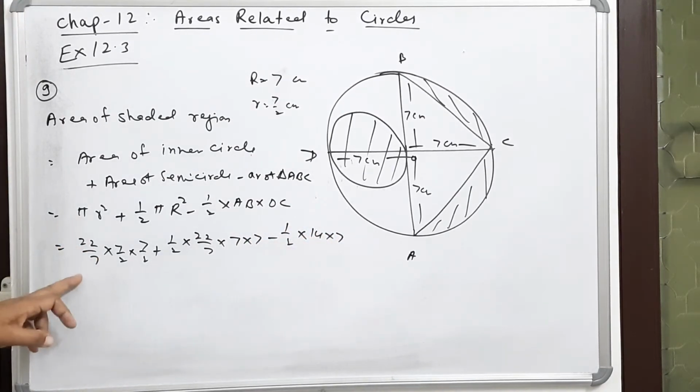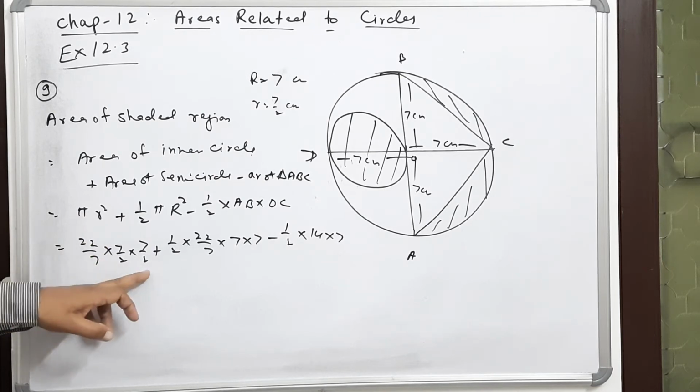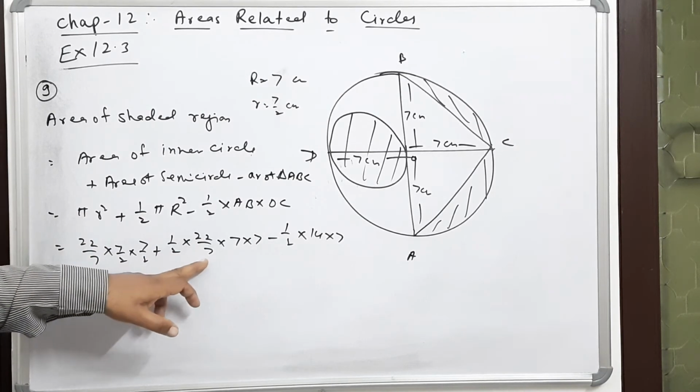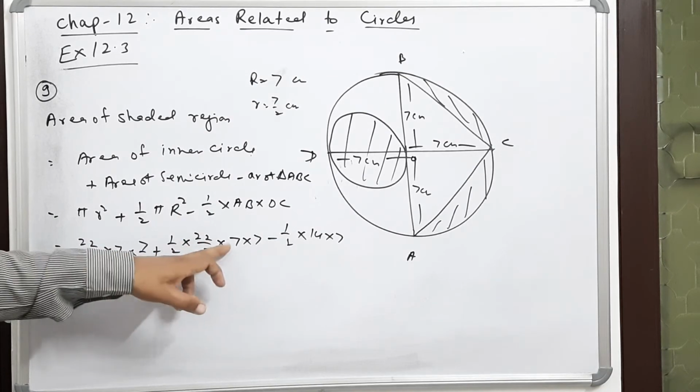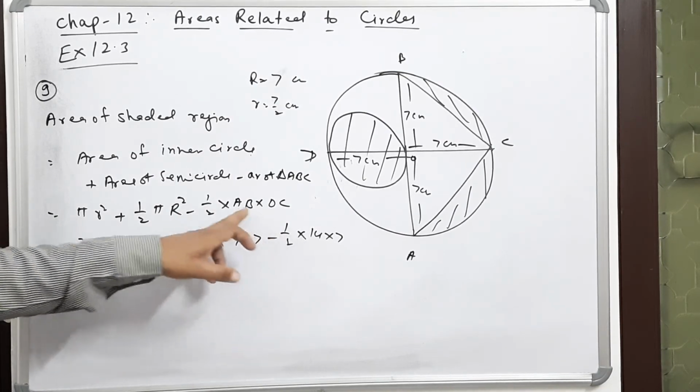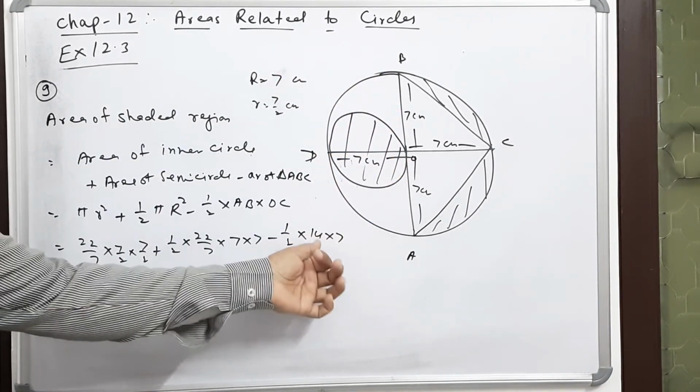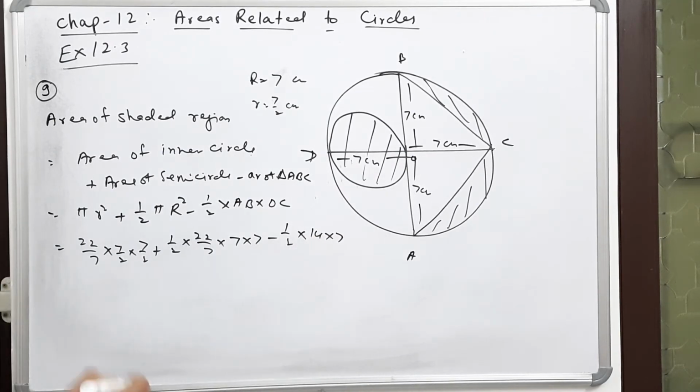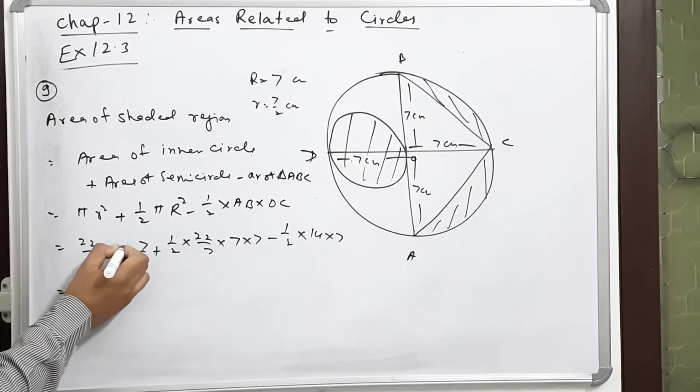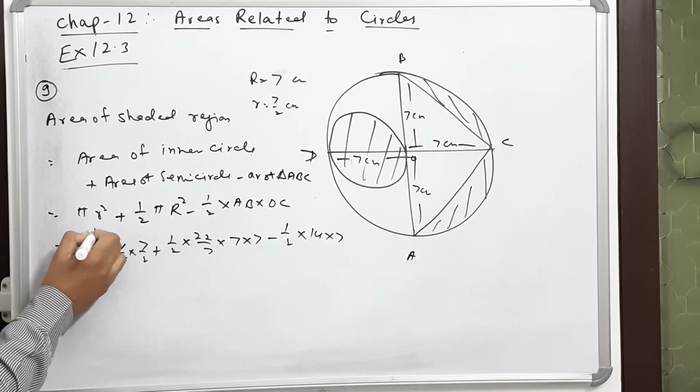See this now, pi r square, small r, 7 by 2, 7 by 2, half pi R square, 7 into 7, minus half AB. This is 7 and this is 7, so it is 14 and it is 7. So when we simplify this, 7 and 7 cancel, this is 11.